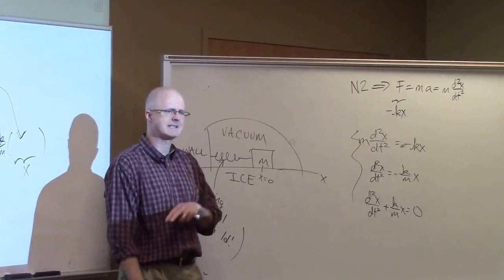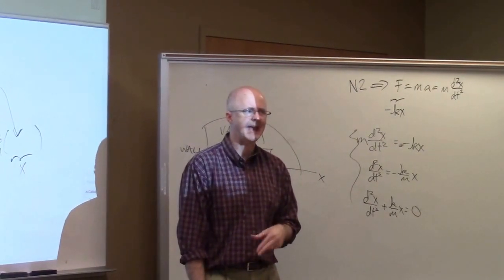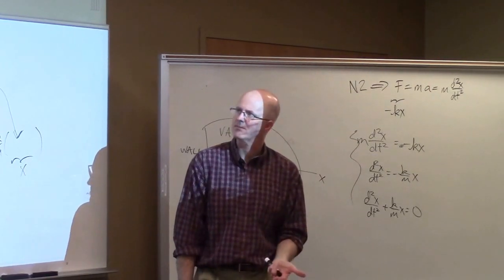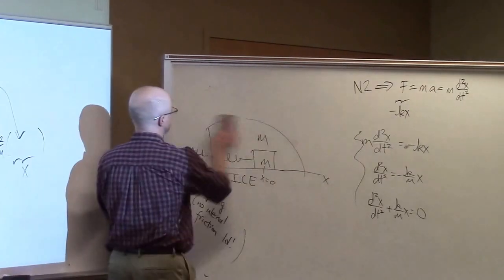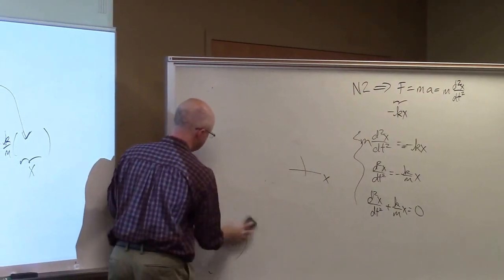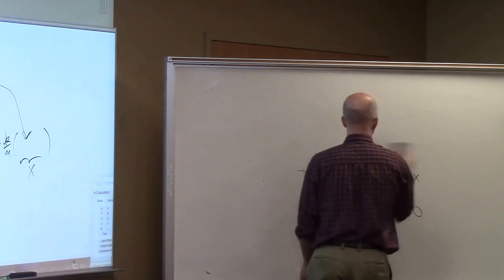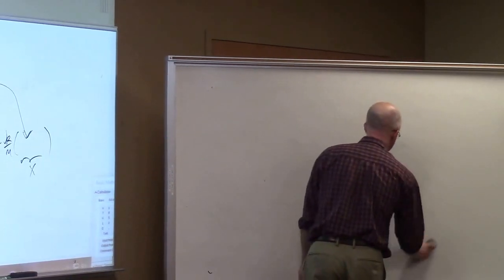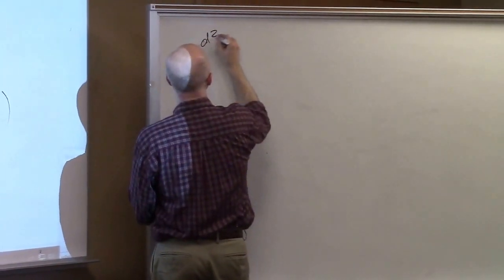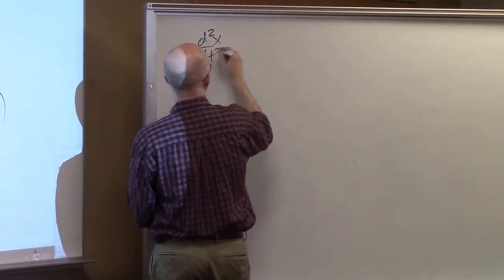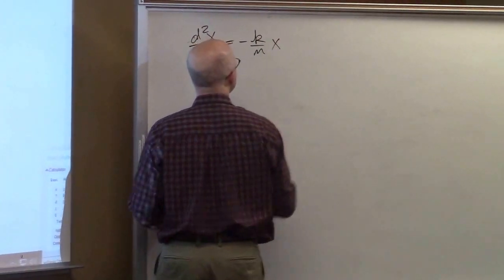How is this related to this other thing I want to introduce today? Systems of differential equations and something called a phase plane. This one second order equation, which I will rewrite up here: the second derivative of x with respect to time is negative k over m times x.